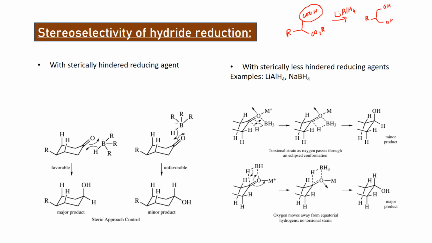But if you want to selectively reduce the acid group, what will you add? You will add BH3. If you add BH3, selectively the acid group will be reduced.